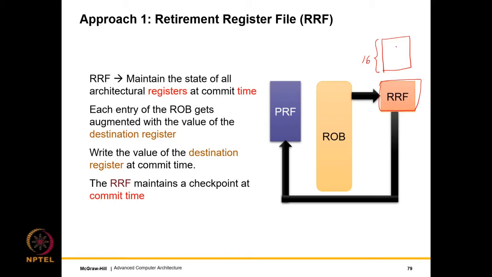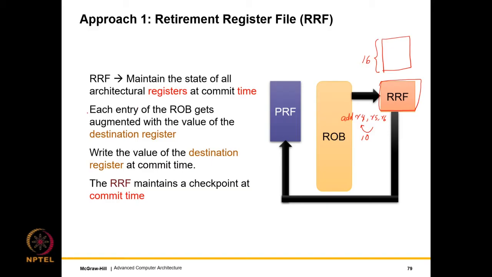Let's assume that we are committing an instruction of the form add, and the value that we compute, R5 plus R6, is equal to 10. When this instruction is committed, we also remember the value.